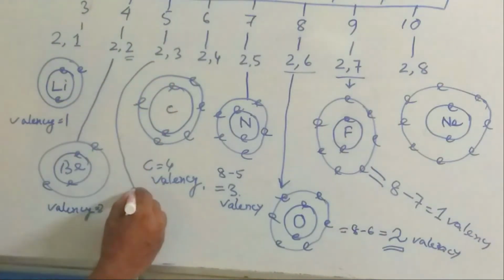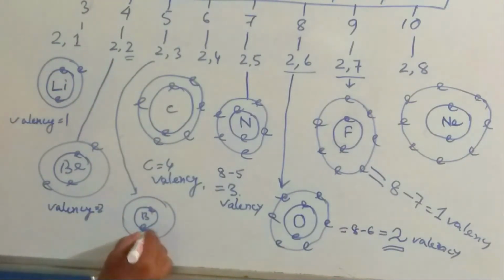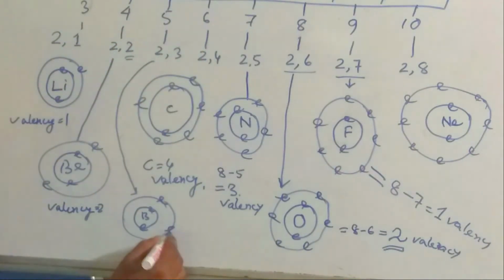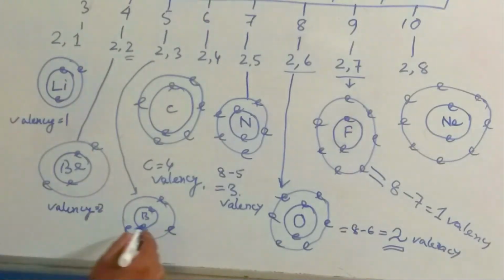Similarly, boron, you see boron has 2 electrons and electronic configuration 2, 3 electrons on the outermost shell. This shell is known as valence shell. So it can donate 3 electrons.